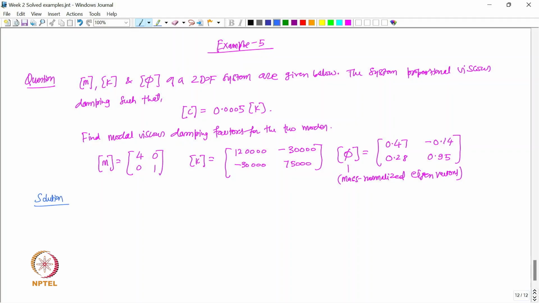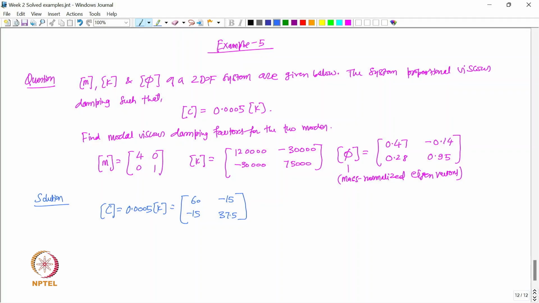Okay. So, of course, the damping matrix here we can easily find out from the stiffness matrix. So, 0.0005 into K and that comes to 60, minus 15 and 37.5, that is what we get as the damping matrix.